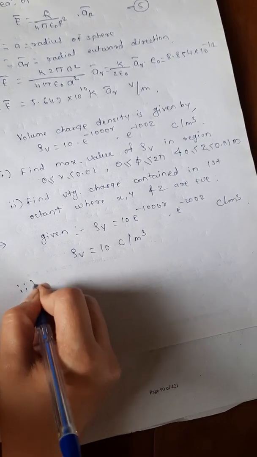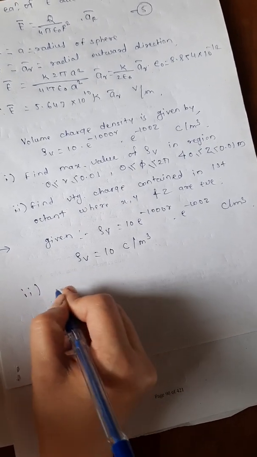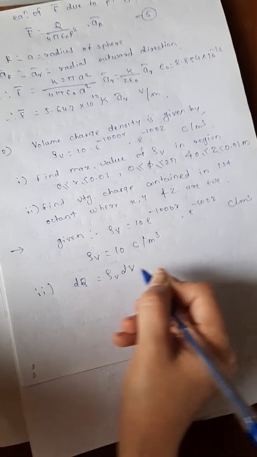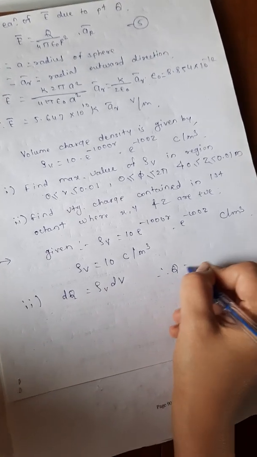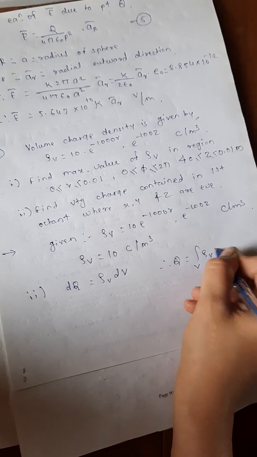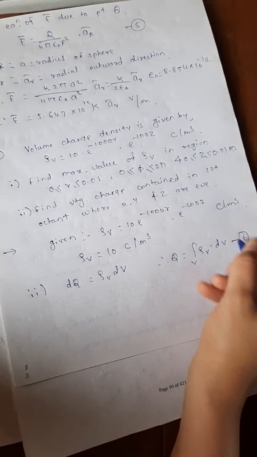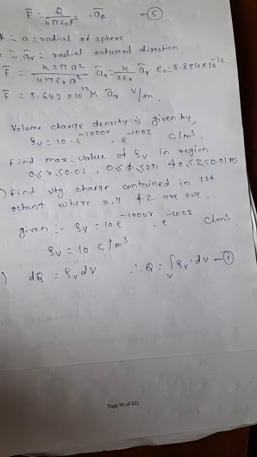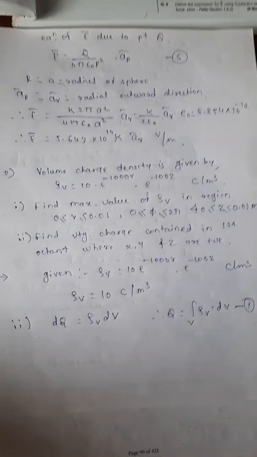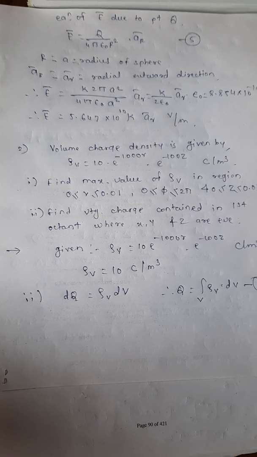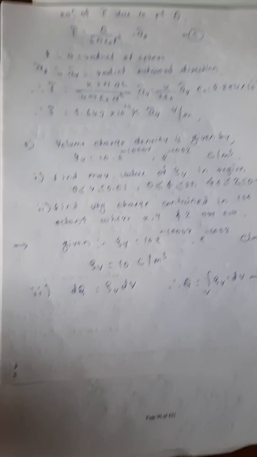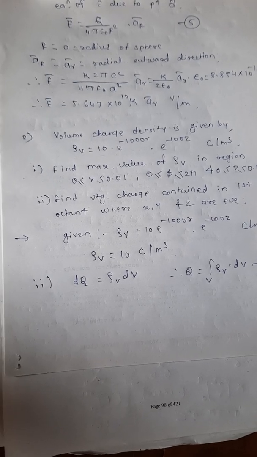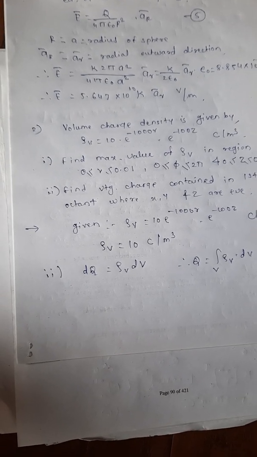Now second, we have dq is equal to rho v dv. So q is equal to the integral of rho v dv. Now the given coordinates r, phi, z are the cylindrical coordinate system. The variations in the coordinates are dr, r d phi and dz.